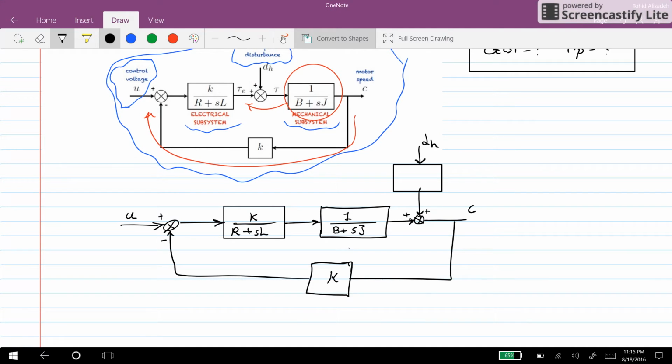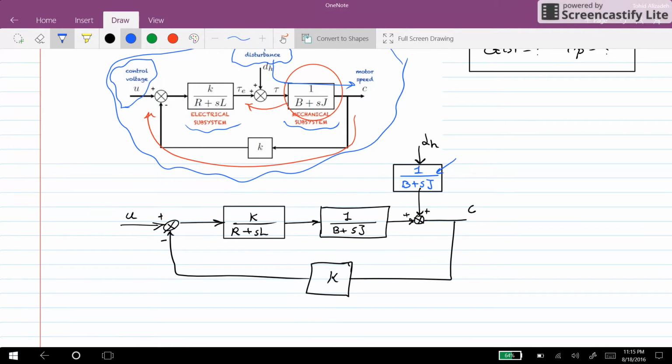So what remains here is to determine the transfer function here. Having a look here, we see that dH is multiplied by this transfer function and appears in the output. So we will have 1 over B plus SJ here as well.